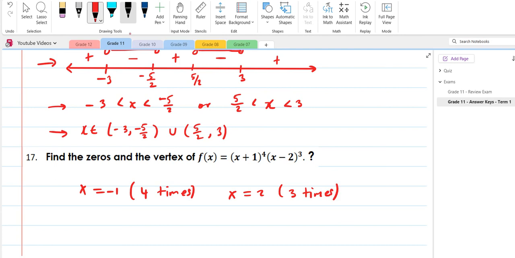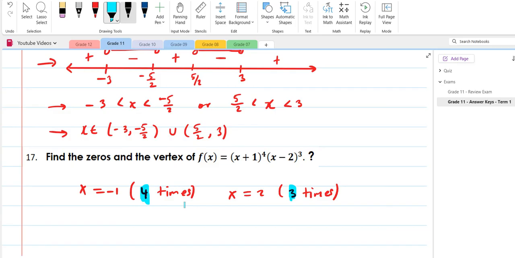Remember, the 4 is even, so there will be a turning point or vertex at -1, and that's just an x-intercept. There are 7 solutions in total: -1 is repeated 4 times and 2 is repeated 3 times.